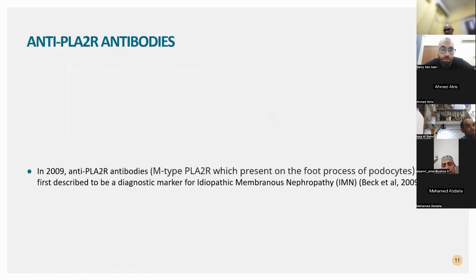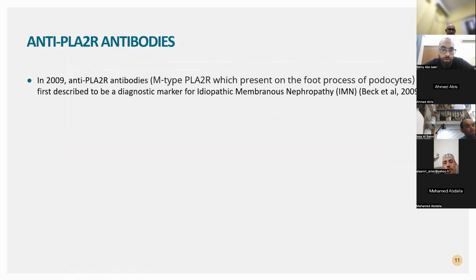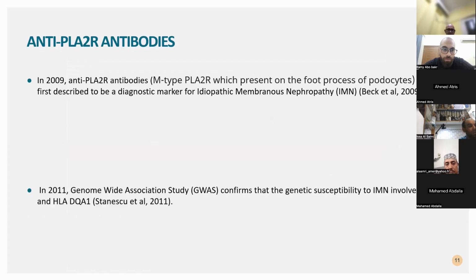So in 2009, this antibody was discovered: IgG antibodies against a specific receptor on the surface of podocytes, and it can cause, as I mentioned, idiopathic membranous nephropathy.